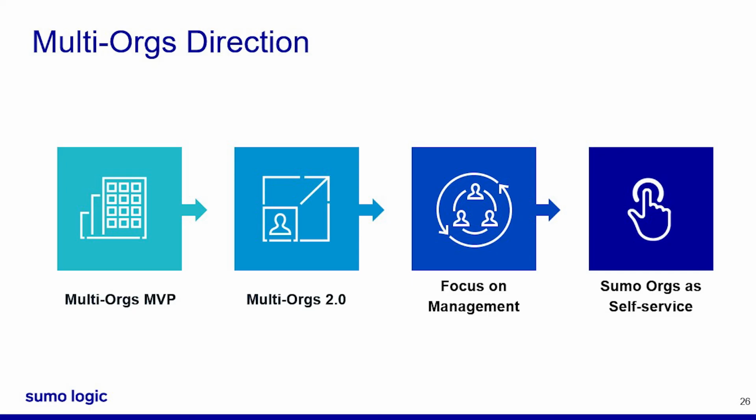In the first release of multi-org, we introduced baseline capabilities to define a parent organization and provision child organizations underneath it. It also includes consolidated usage reporting to give a single view of how Sumo is used across all the child organizations.